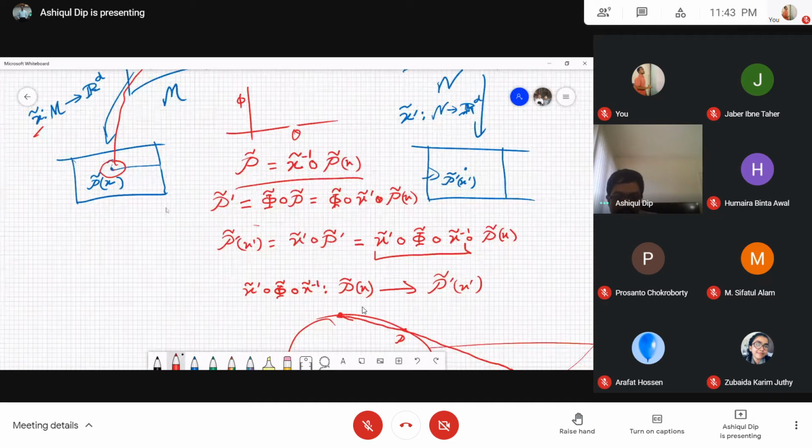One is the x coordinate, another is the x prime coordinate, and this relation still tells us the relation between those two as phi tilde, an identity. So that is basically x prime composed with x inverse.